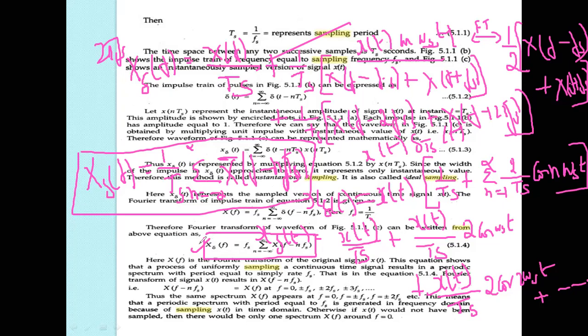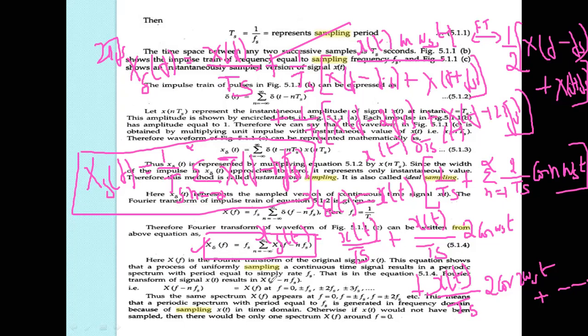Following my students, it's very, very important. Up to this is the sampling theorem, the statement and the theorem. The remaining part is only the construction and the recovery.